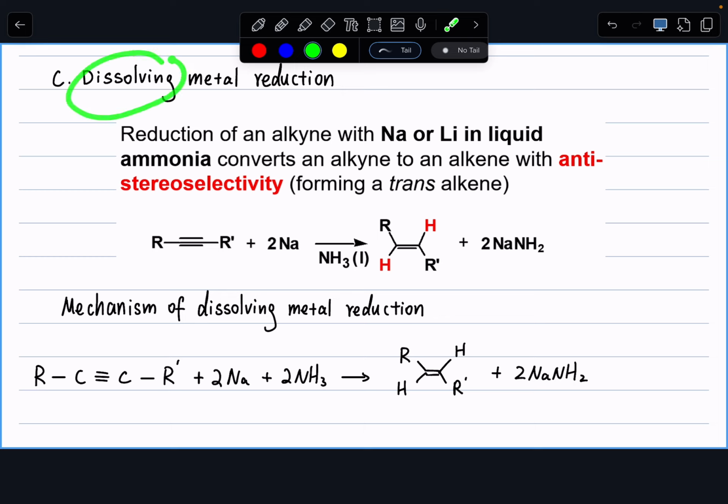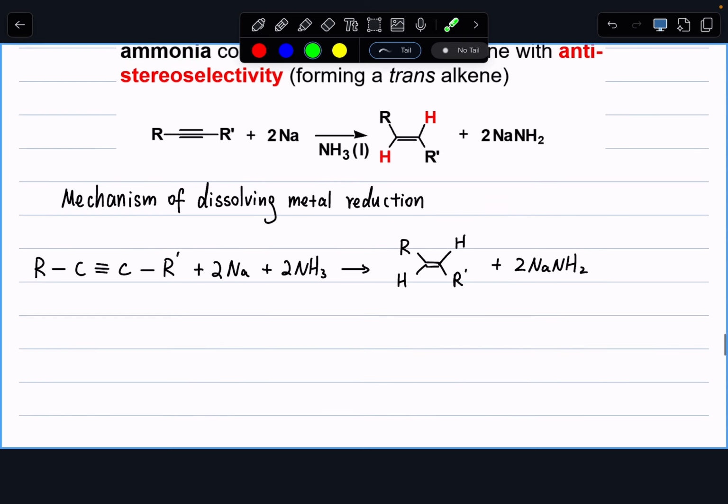So this is dissolving metal. We're dissolving an alkali metal, whether it's sodium or lithium, in liquid ammonia. The reaction will convert an alkyne into a trans alkene.